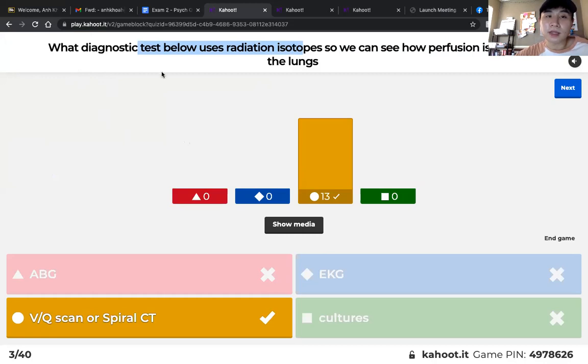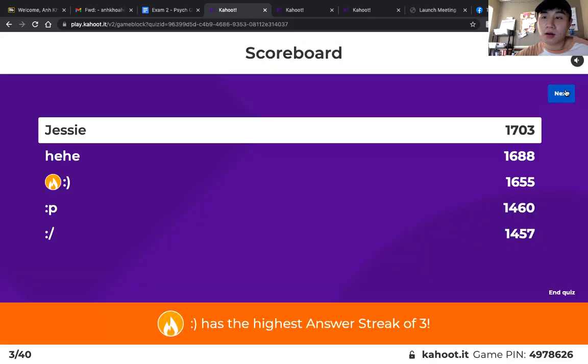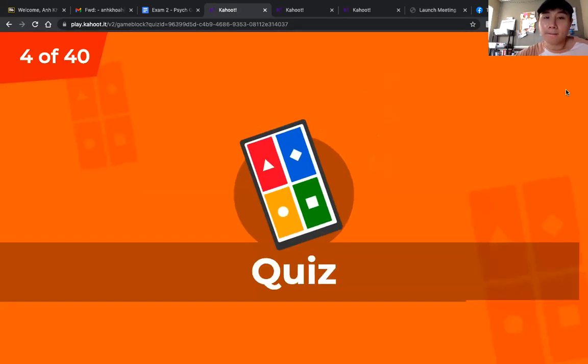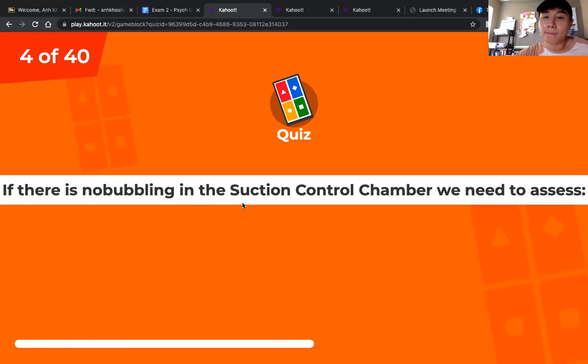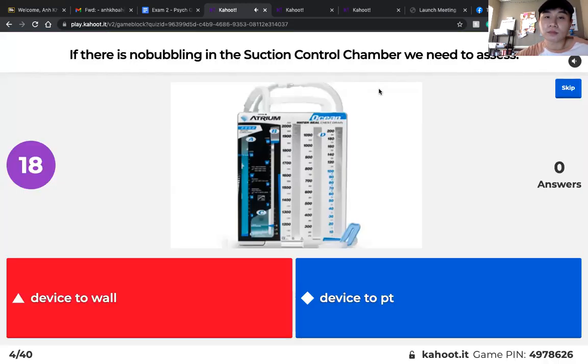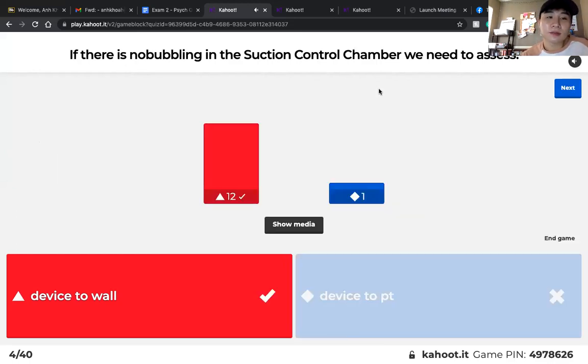So a VQ scan is the diagnostic test where they use radioactive isotopes, so we can see how the perfusion is going through the lung. Awesome.